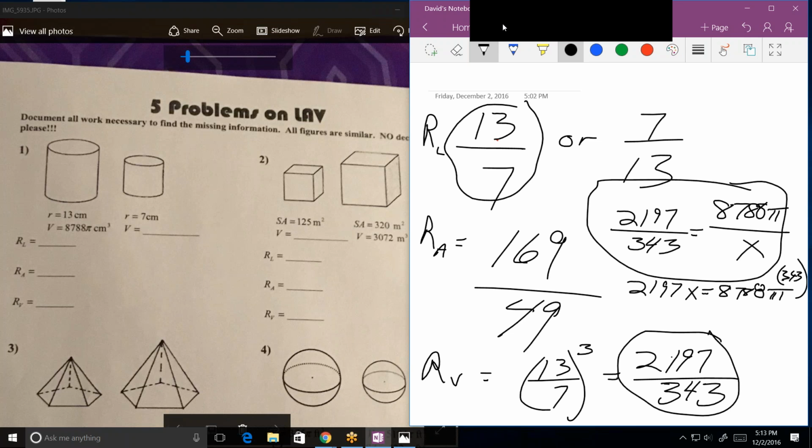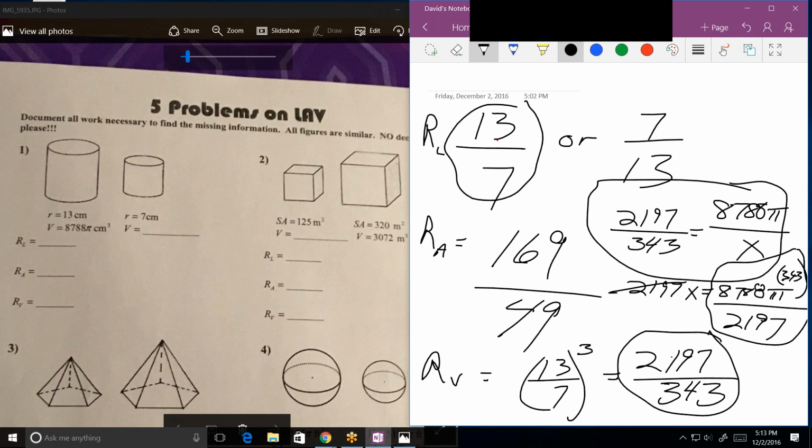And I'm going to divide both sides by 2197. So my answer is going to be whatever that number is in your calculator. Take 8788 pi, multiply it by 343, and divide the whole thing by 2197.